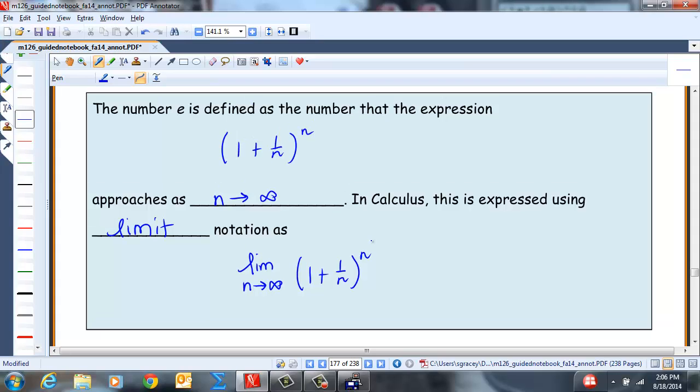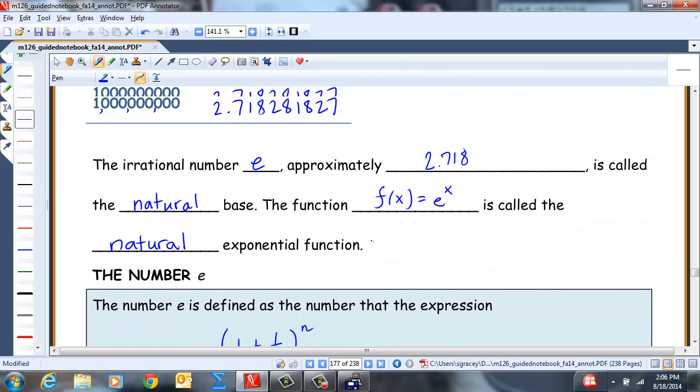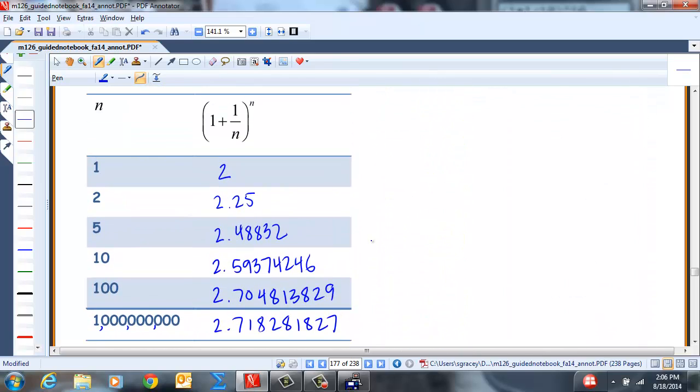It's kind of cool. Another way you can look at this expression is as investing $1 at a rate of 100% for 1 year.